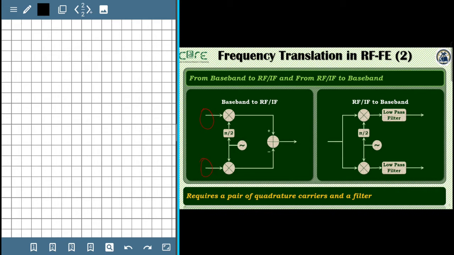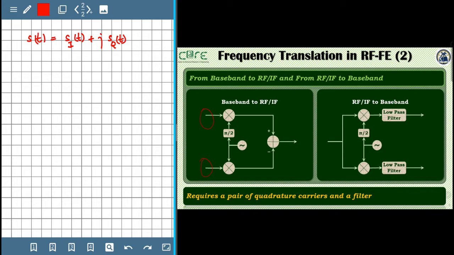So let's consider a signal that is complex. We say that s of t consists of two parts, s_I of t plus j times s_Q of t, where s_I and s_Q reflect the real and imaginary part of this complex baseband signal. The subscripts I and Q, as we will later see, refer to the terms in-phase and quadrature phase.